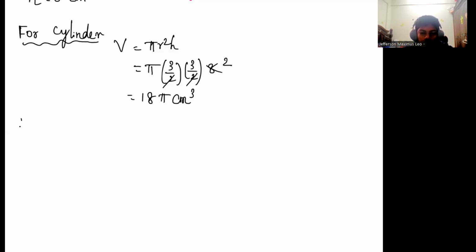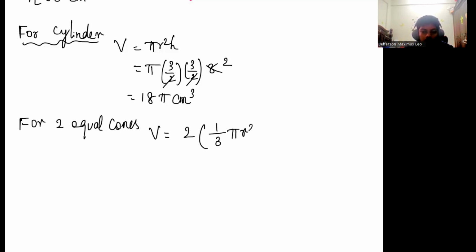Then for the conical portion, for two equal cones, the volume is 2 times 1 by 3 pi r square h.